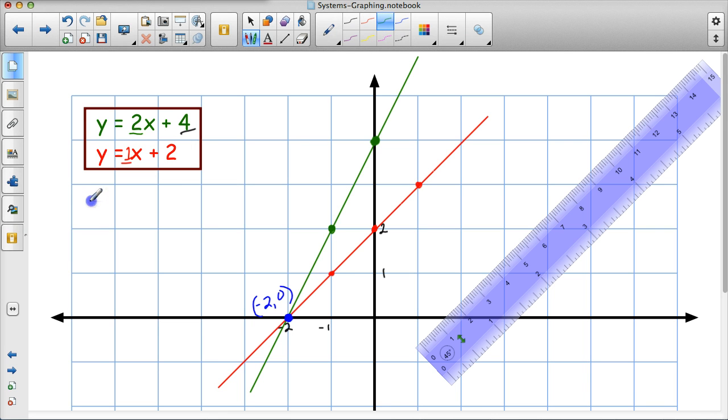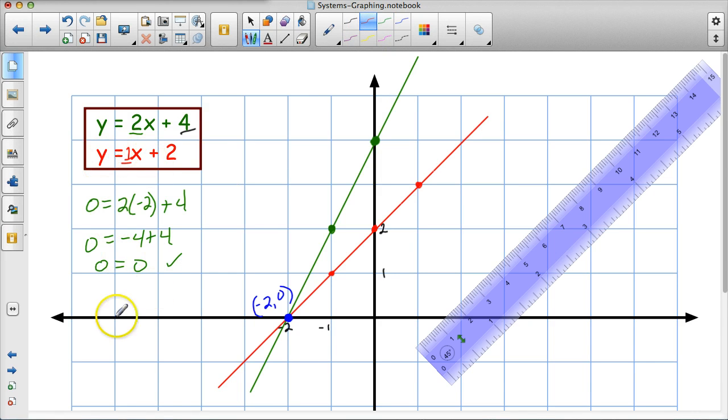So I substitute 0 equals 2 times -2 plus 4 into my green equation. So I get 0 equals -4 plus 4, which means 0 equals 0. This is a true statement. So the point -2, 0 does make my green equation true.